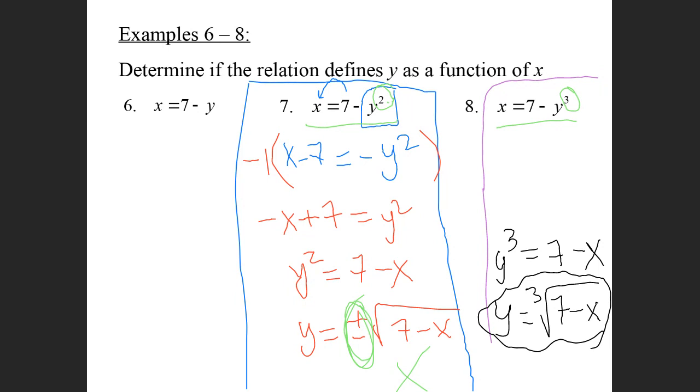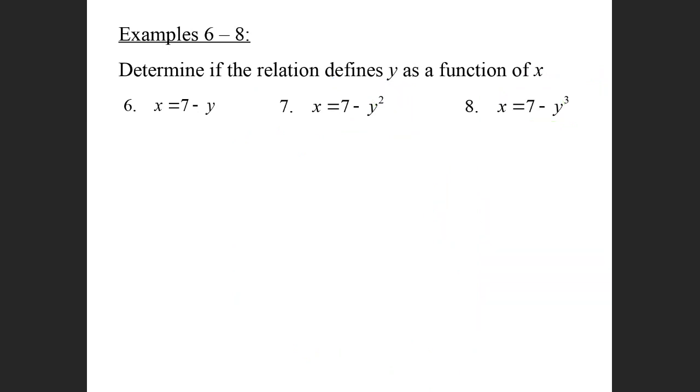Simply, if you are asked whether an equation defines a function, look at y. If y is to an even power, the equation does not define a function. If y is to an odd power, then it defines a function.